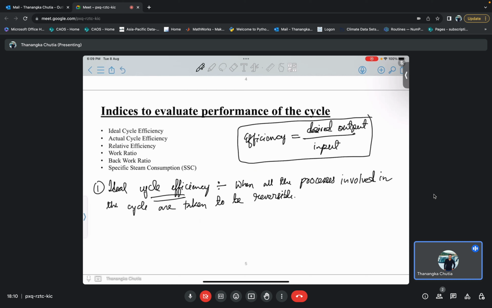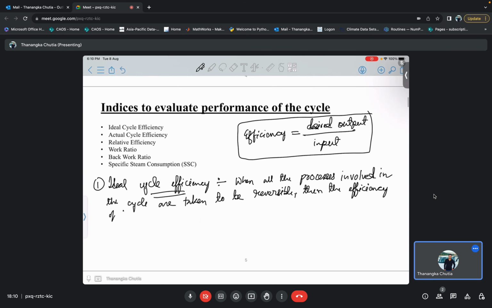If you take all the processes that combine to make the cycle as reversible, then the corresponding efficiency of the cycle is called ideal cycle efficiency.